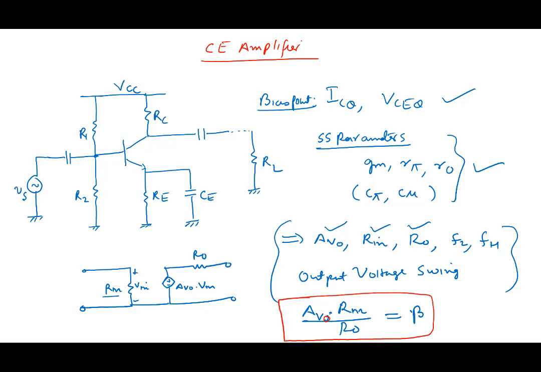So if we look at a common emitter amplifier, let's write it down. One of the characteristics of common emitter amplifier is AV0 Rn by R0 equal to beta.